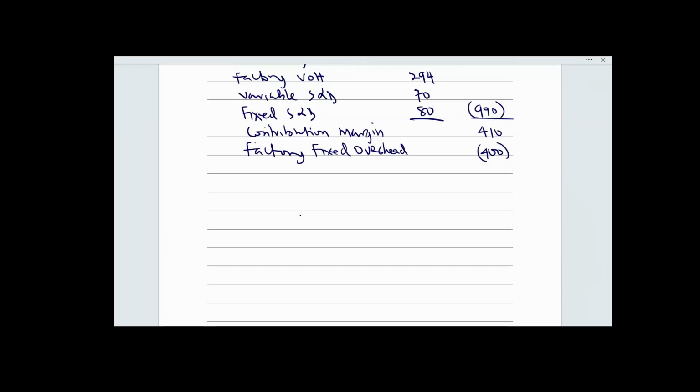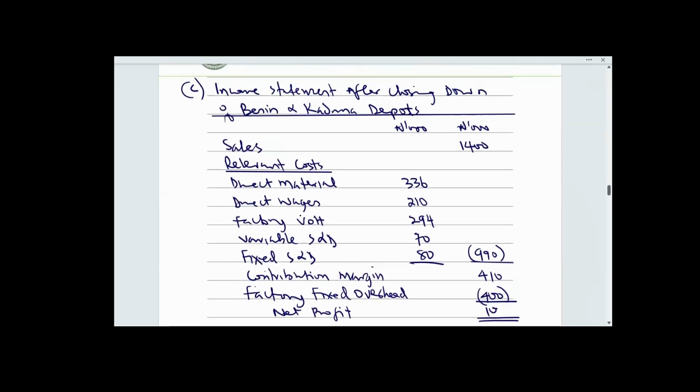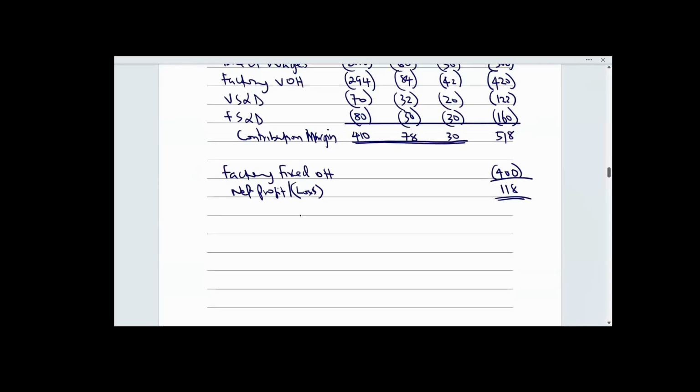That means only Lagos will bear the entire 400,000, because the company must recover the fixed overhead incurred. That means the profit has reduced to 10,000. So net profit for Ife Sinachi is 10,000 naira. You can see profit has dropped from 118,000 naira to 10,000 naira as a result of dropping the Benin and Kaduna depots.